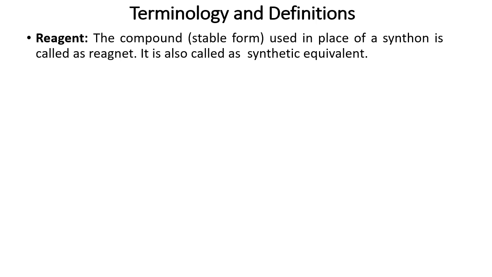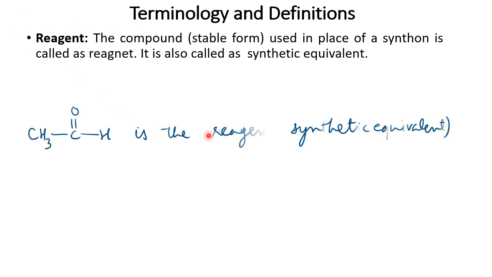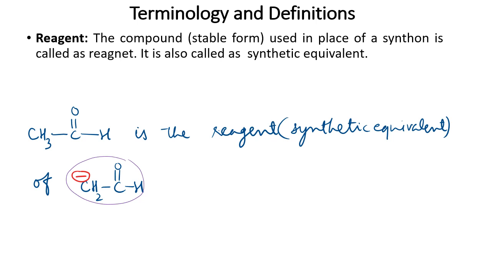A reagent is a stable compound which is synthetically equivalent to a synthon. For example, if you remember, the carbanion which we got from the disconnection approach in the previous slide, this carbanion is unstable, being an ion, and its synthetic equivalent will be an aldehyde, which is similar to this carbanion except for an addition of a proton.